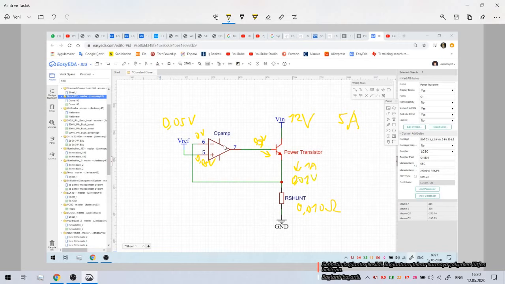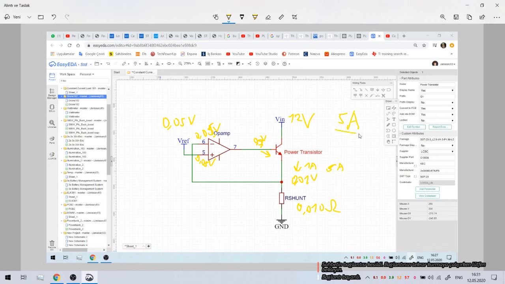So our op-amp output also now wants to increase. You can see 0.01 volt, there is some difference, not equal. After that, current will increase to 5 amp. This voltage will be 0.05 volt, and if this exceeds some more, op-amp voltage will decrease.